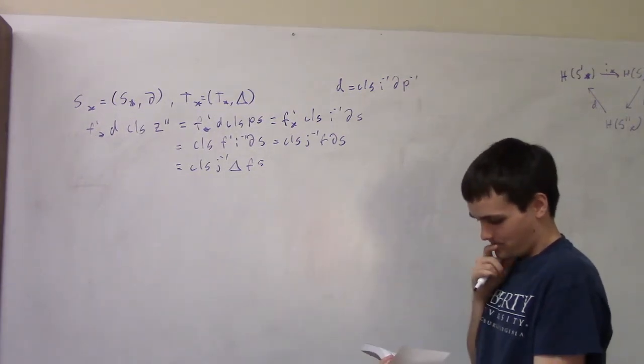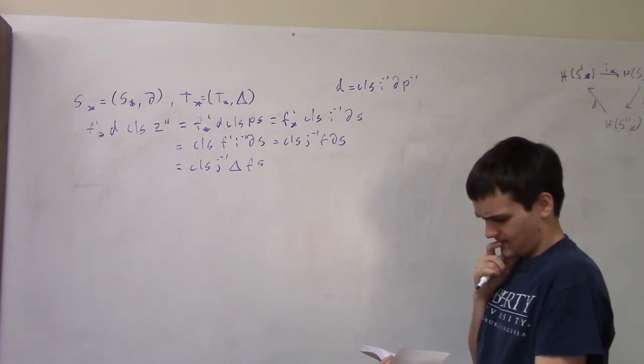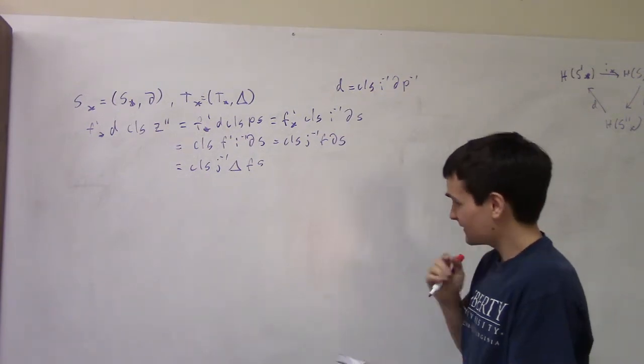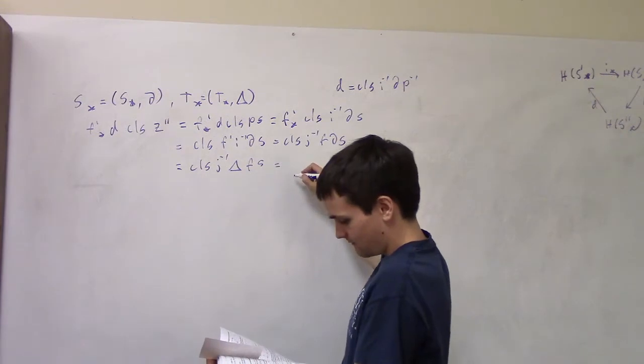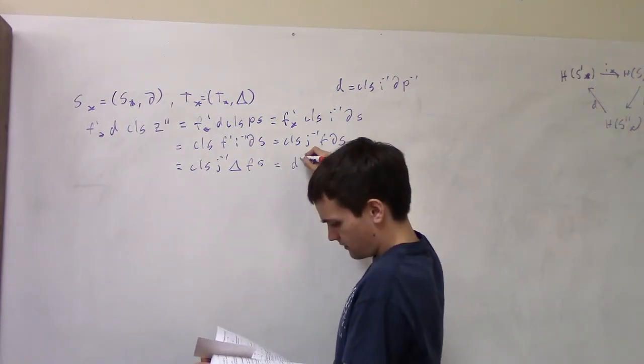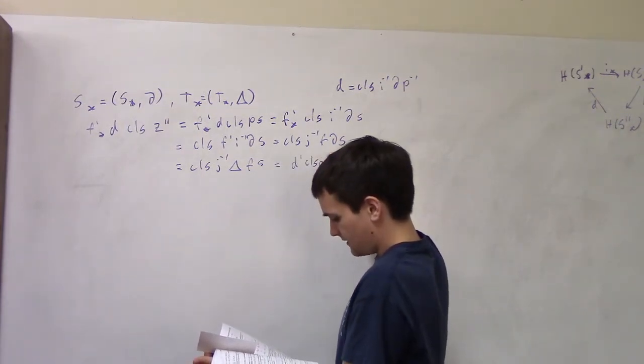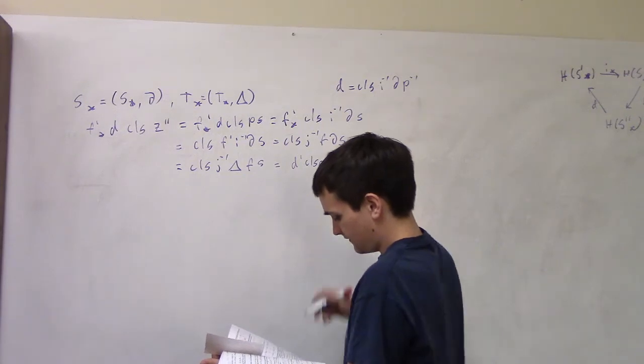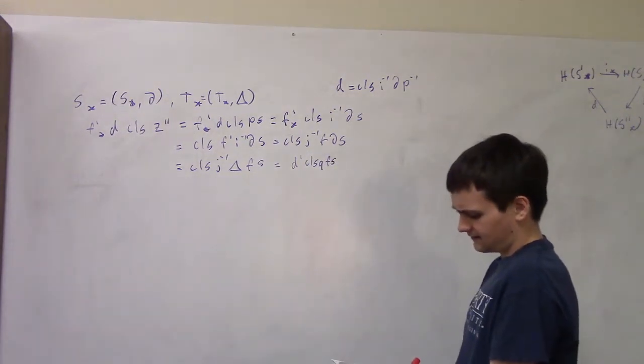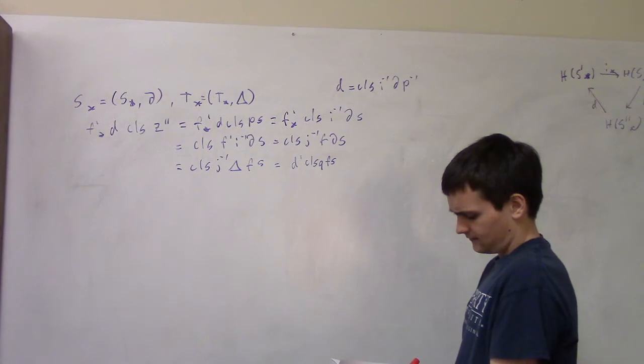Alright, so what is this next step here? Then this is equal to d prime times the class of q f s.